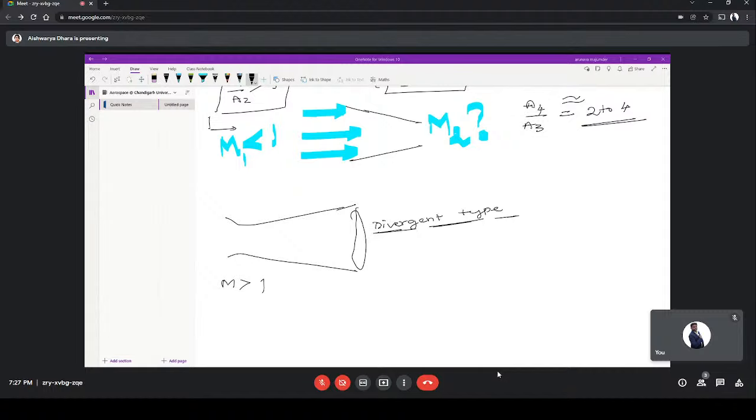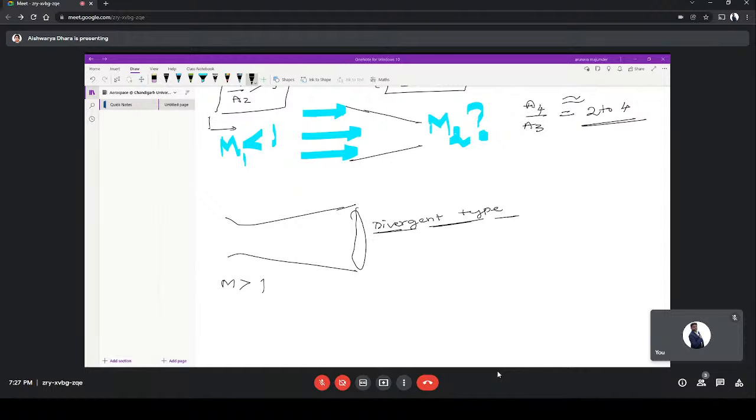Anyone, you can just check it. The question is why we use a divergent section in a rocket engine, whereas if you compare with a jet engine, we are not using a divergent section. We use a convergent section. Why so?